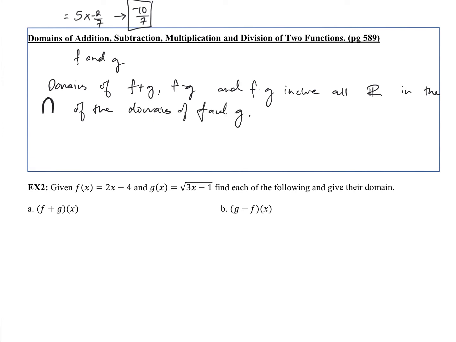That big capital R means all real numbers, and this symbol means intersection. Don't worry about that too much. We'll go into examples in a sec. So just write that down, and then definitely read over it after we do the examples. Usually that helps clarify it more.